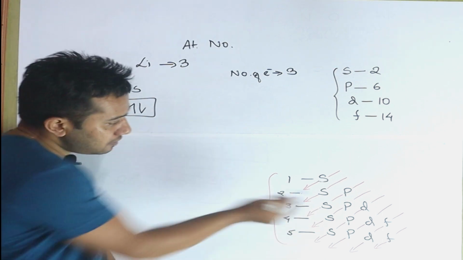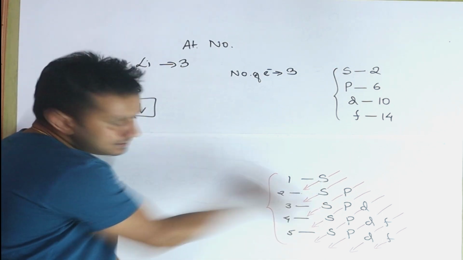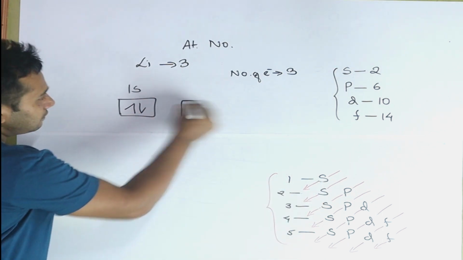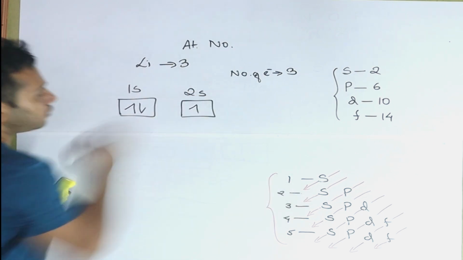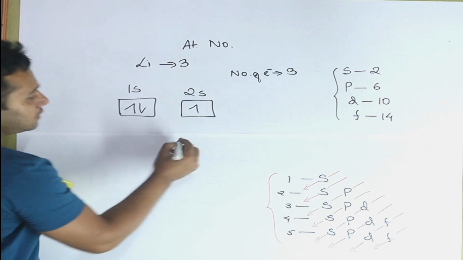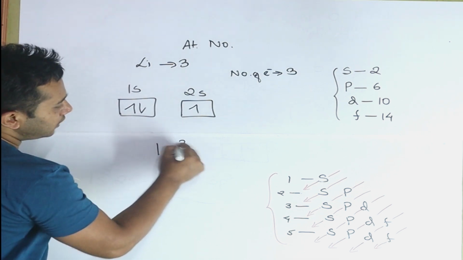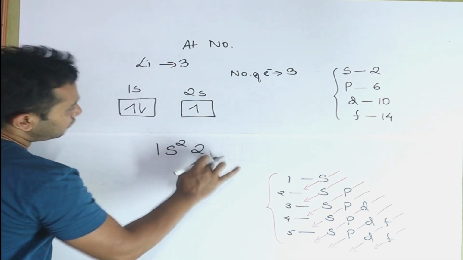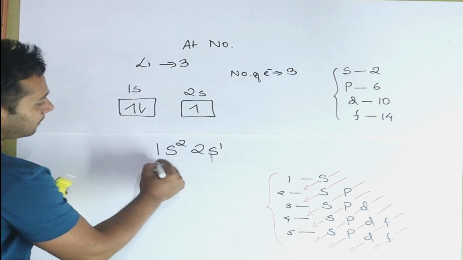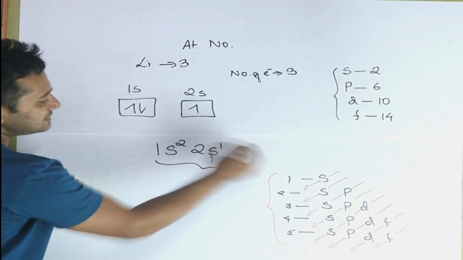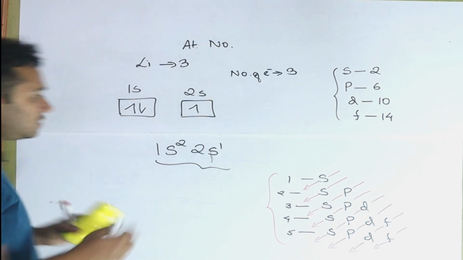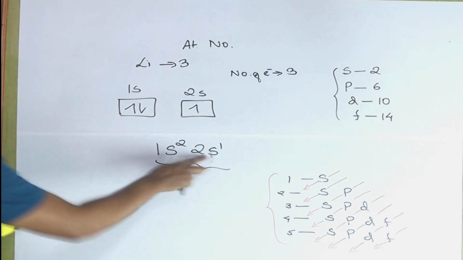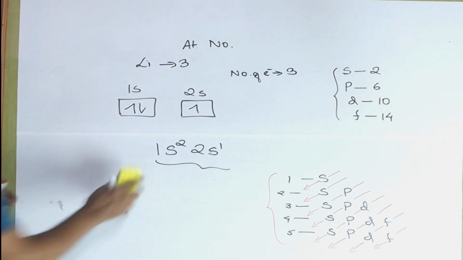What is the second orbital? Since this is n equals 2, I will write 2s out here. So 1 more electron: 1, 2, 3. The electronic configuration will be 1s2, 2s1. 2 plus 1 is 3, so the number of electrons is 3. So this will be the electronic configuration of lithium.